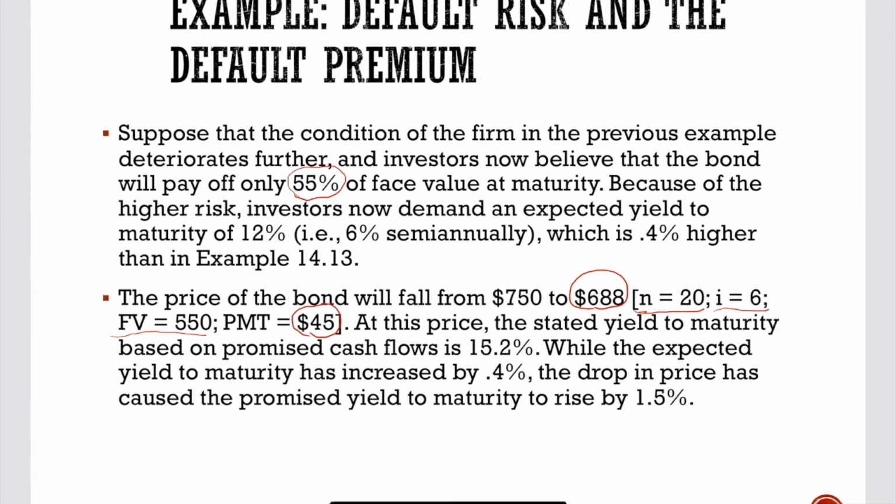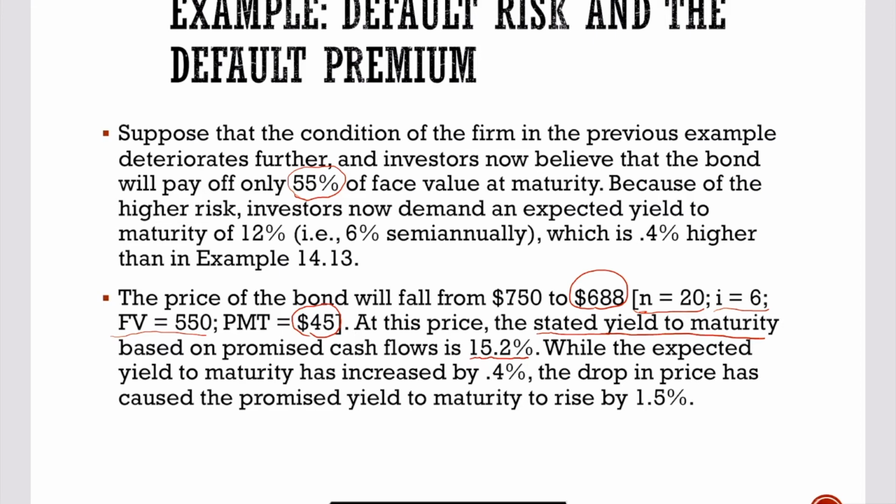Now, at this price, the stated yield to maturity based on promised cash flow is 15.2%. How do you get this number? Here we are calculating the stated yield to maturity based on the promised cash flow, so you will use different numbers.